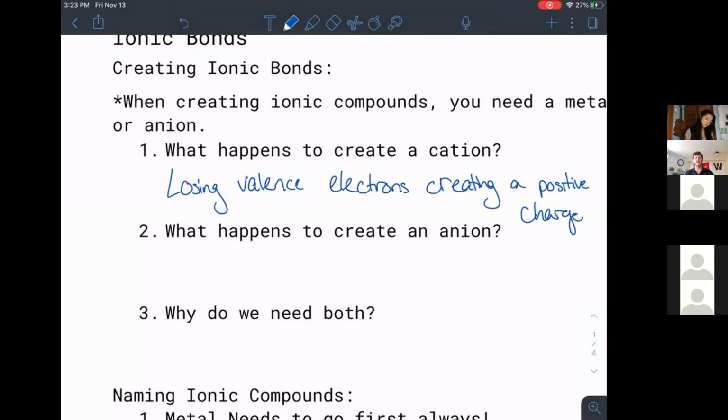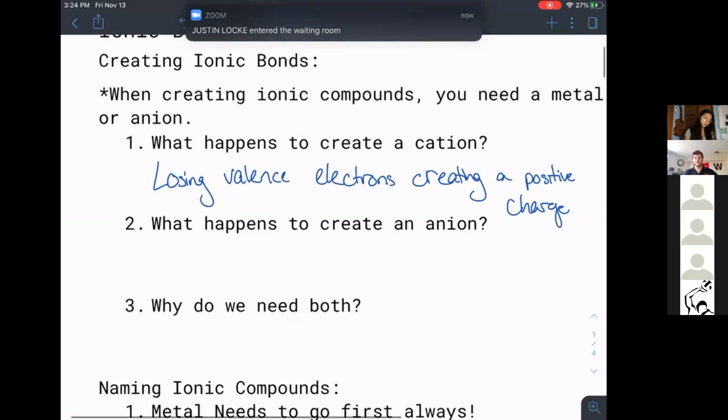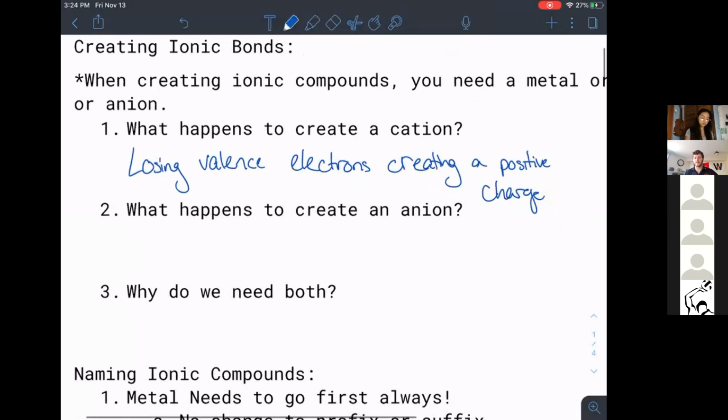So cations are when we lose valence electrons to get a positive charge. And then what happens when we create an anion? Is it the opposite? It is the opposite.